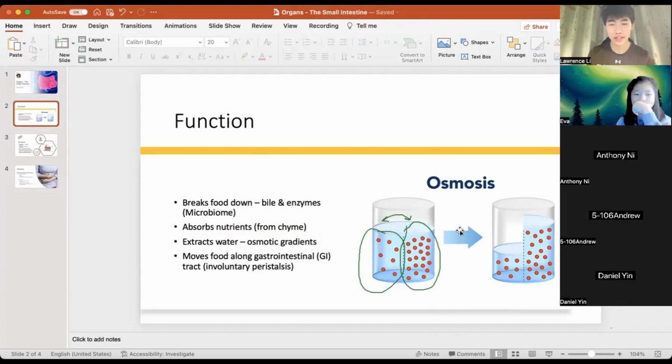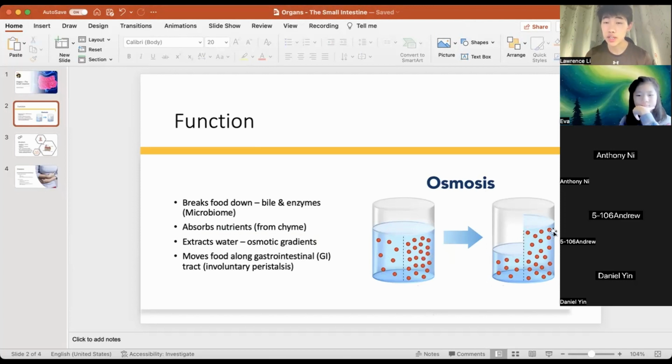Eva and Anthony figured that out because if I erase this here, you can see there's the same level of water on both sides, but this side has more molecules, right? So if they have the same level of water, this side will have a greater concentration, right? But now let's look at this.